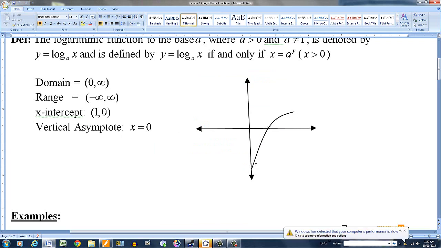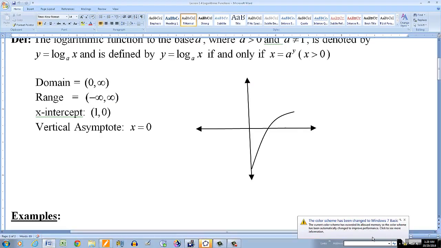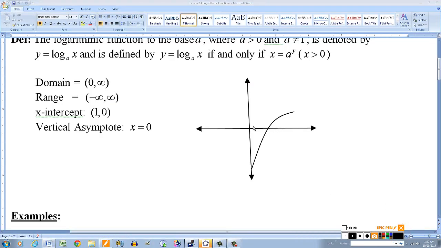It's going to pass through this point right here, because the log of 1 to any base is going to be 0, because any value to the 0 power is 1 other than 0. So 2 to the 0 is 1, 3 to the 0 is 1, 10 to the 0 is 1. So this point where the graph crosses the x-axis is the x-intercept, which is (1, 0).